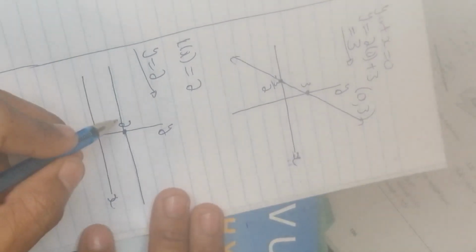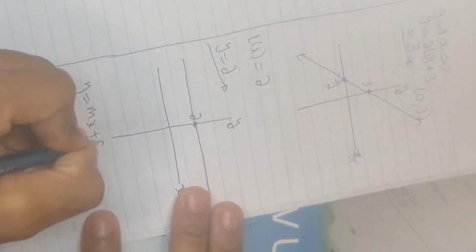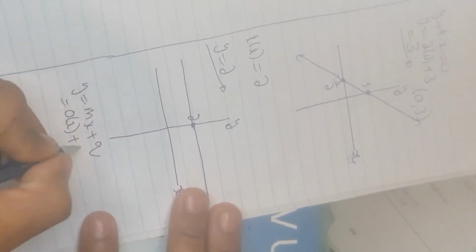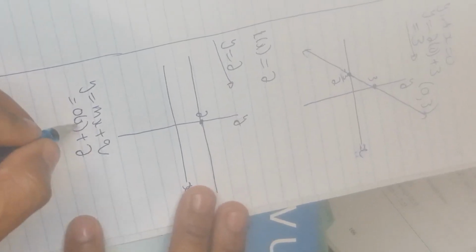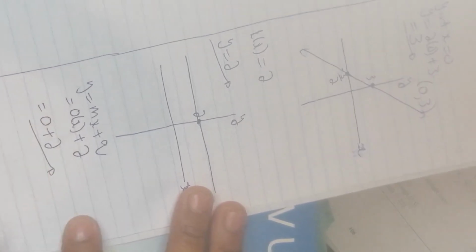And what is the gradient here? The gradient is 0 because this can be written as y equals mx plus q, where the gradient is 0 into x plus 2. Where 2 is the vertical translation. 0 times x is 0, so you have 0 plus 2, so you have a gradient of 0.